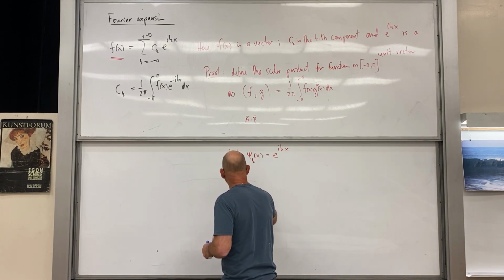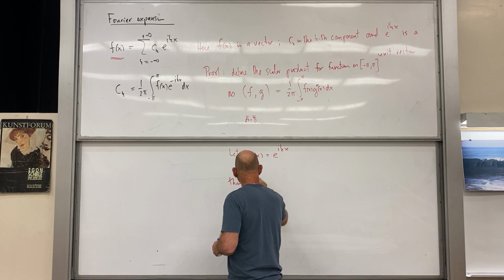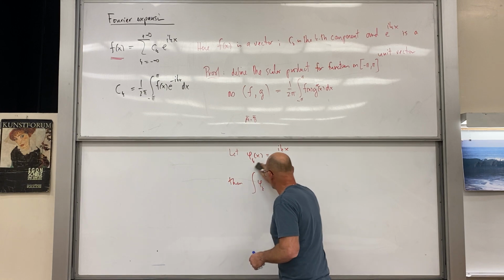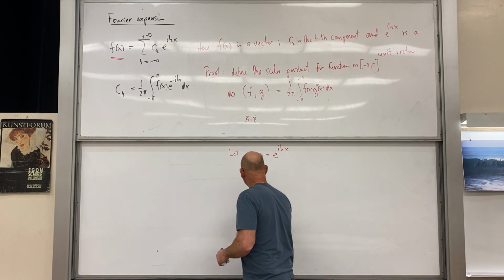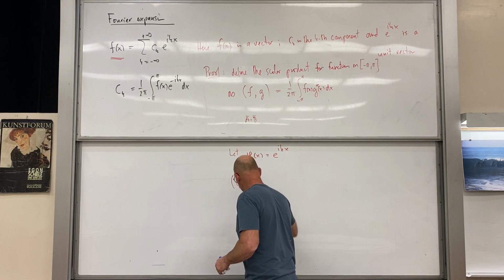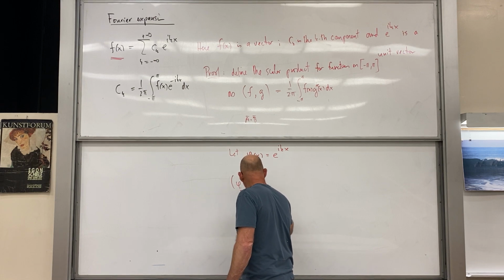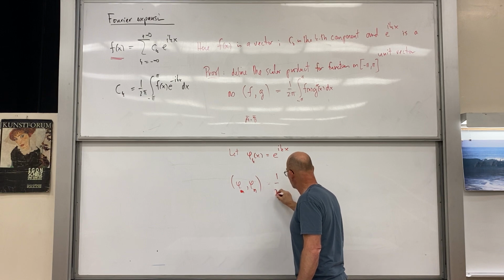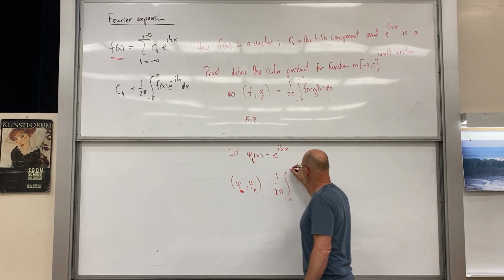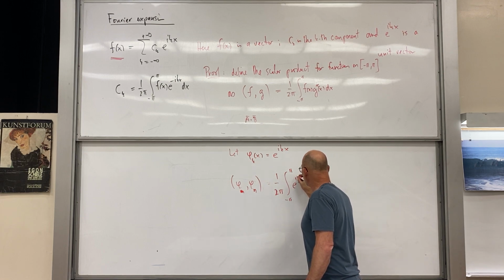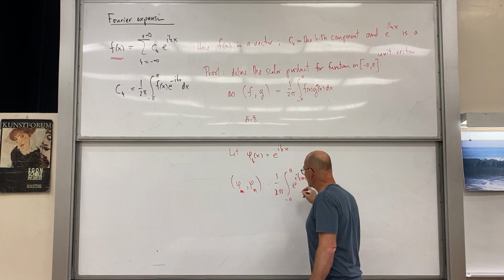Then the scalar product of phi sub m, phi sub n, using different letters, is 1 over 2 pi integral, so phi sub m is e to the i m x.